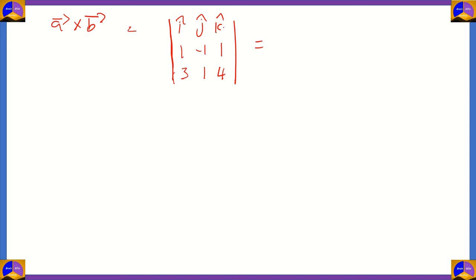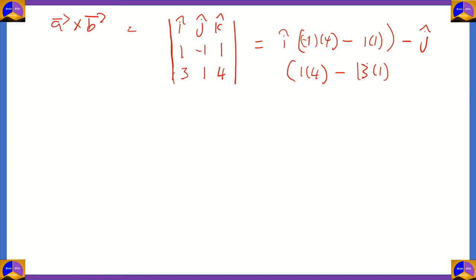Now let's start expanding this along row 1. So we have i cap into minus 1 times 4, minus 1 times 1, minus j cap into 1 times 4 minus 3 times 1, plus k cap into 1 times 1 minus 3 times minus 1.